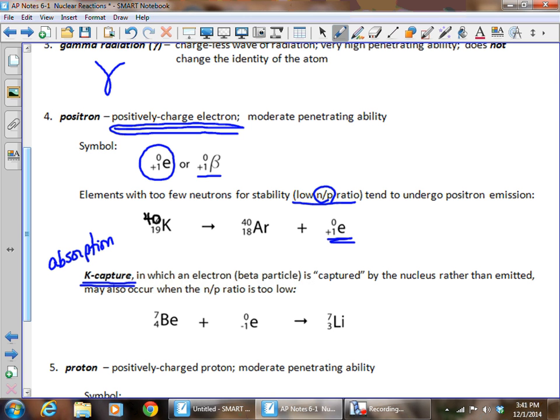So notice that the beta particle, in this case, not the positron, the beta particle is being captured, and by being captured, notice what happens. We lower the number of protons again and increase the number of neutrons by 1. So again, it helps resolve that low neutron-proton ratio.